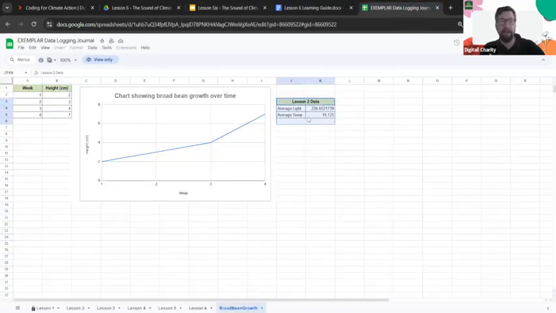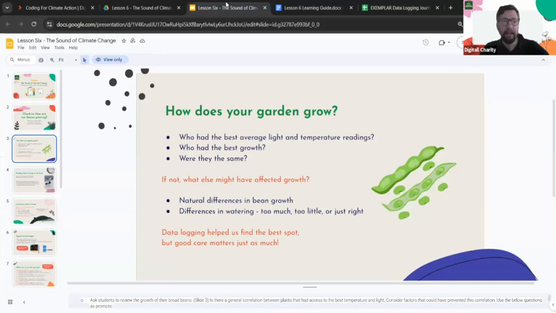So every student should have that average, and we might not have averages completely understood, but students can understand these numbers are bigger, that is theoretically better. Okay, so who had the biggest average light and temperature readings? Who had the best growth? Was there a correlation between the two? Theoretically, there should have been, right? But that might not be the case. So there's a nice area we can explore there.